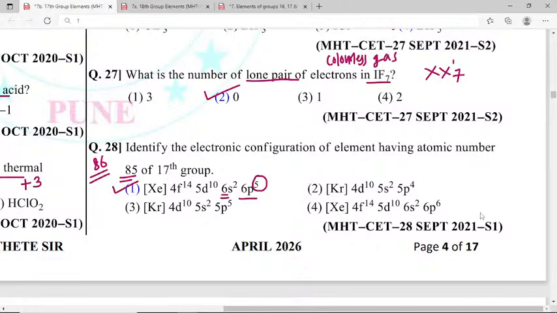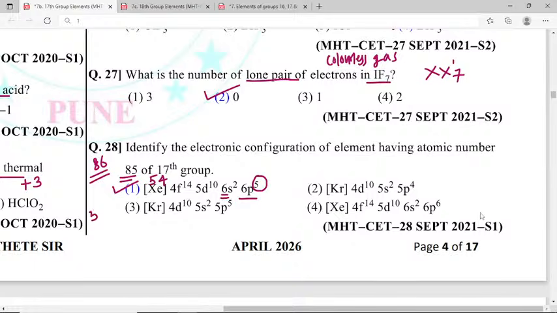Then how to calculate? Xenon has 54 electrons. So 54 plus 14 plus 10 plus 2 plus 5. Please count the number of electrons.